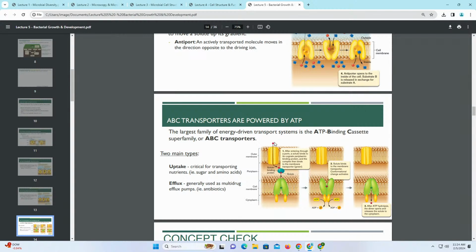In an ABC transport system, you have a substrate, this red molecule here, and this is what we want to get through this transporter. It comes in through a porin, because there's another membrane here and it can't just pass through, so there's a porin there to let it in.